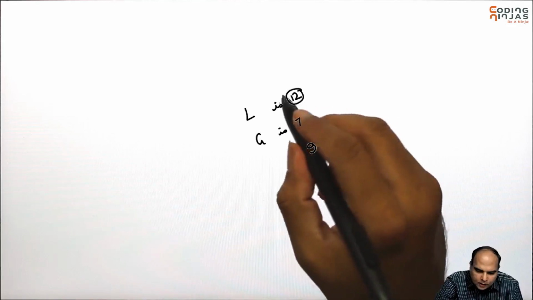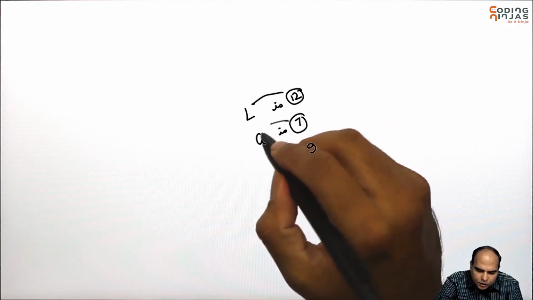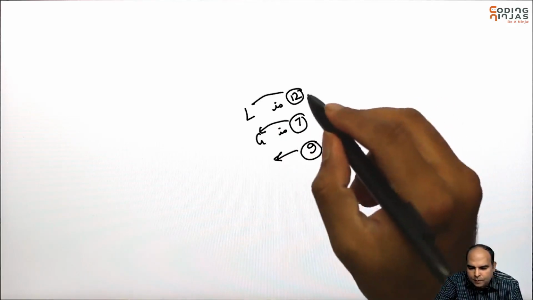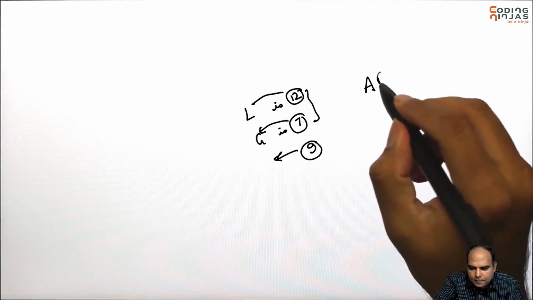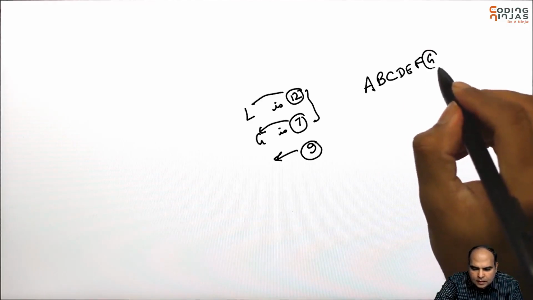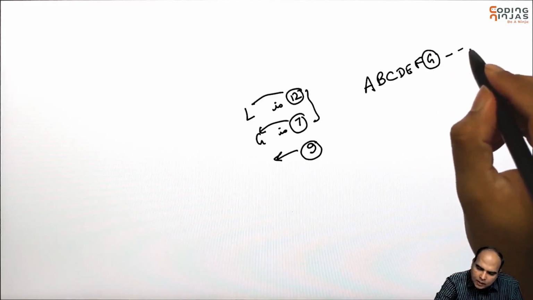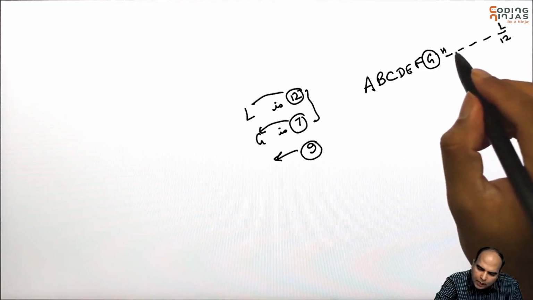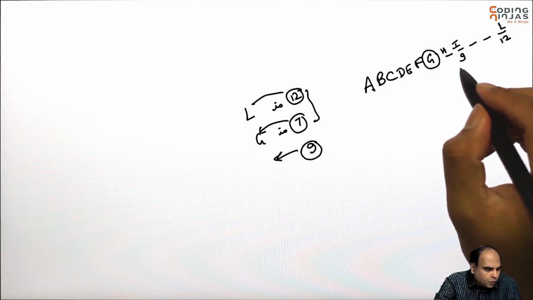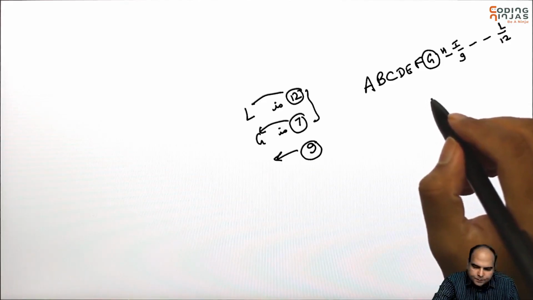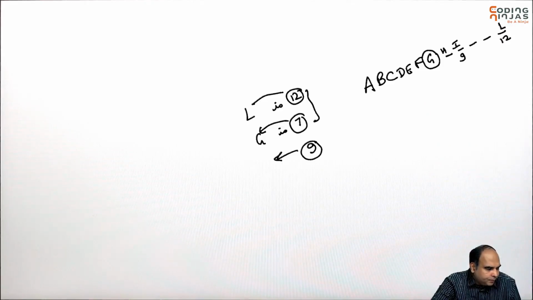The code for 12 is L, the code for 7 is G. So this is of course just the alphabet placing: A, B, C, D, E, F, G. G is 7, H, I, J, K, L, L is 12. So 9 will obviously be I in this situation, and that's about it there, right?